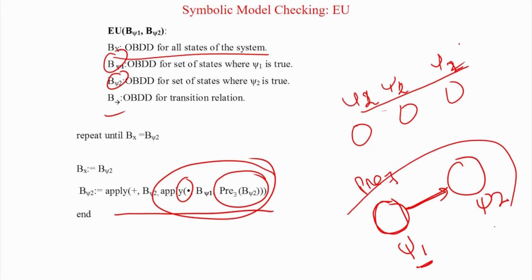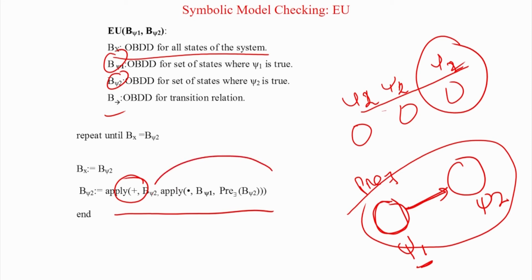This is the set of states you are going to labelize, because psi 1 is true and the next state psi 2 is going to hold. So psi 1 until psi 2 is very easily holding in this situation. Such states you will report. Along with that, you will also report states where psi 2 holds itself. That is by the apply, and the second part, this diagram as I have explained, corresponds to this.